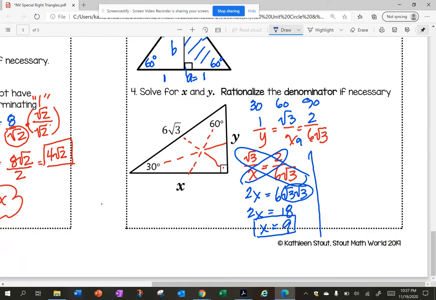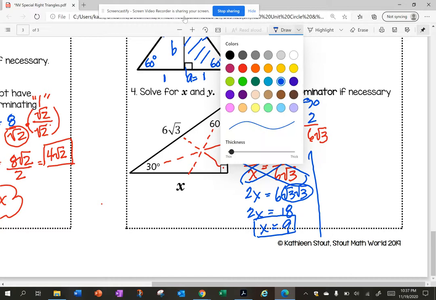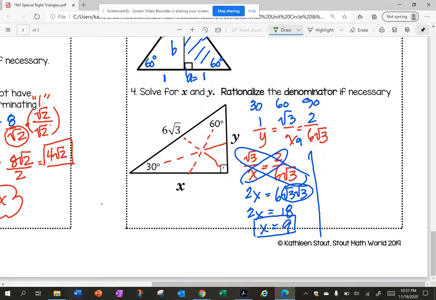And then to solve for y. You could use any two fractions now, but I always use the given information because if I made a mistake, I'm going to just make another mistake. So I actually always try and use the given information whenever I can. So I'm going to say 1 over y equals 2 divided by 6 times the square root of 3.